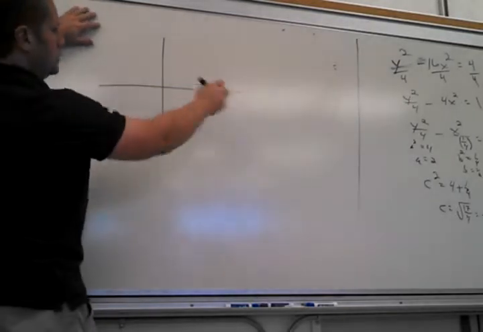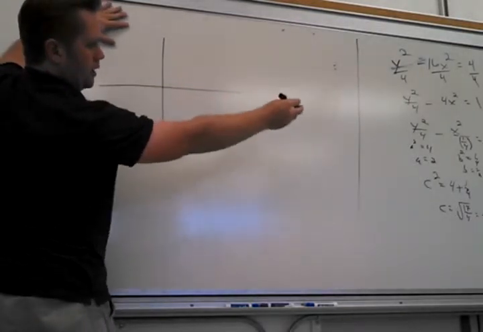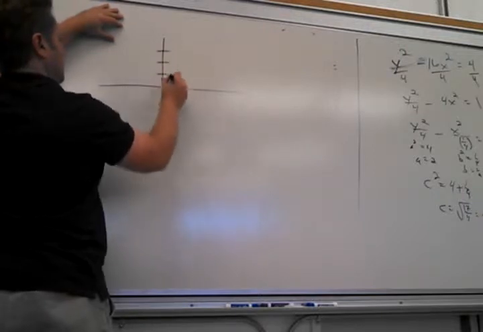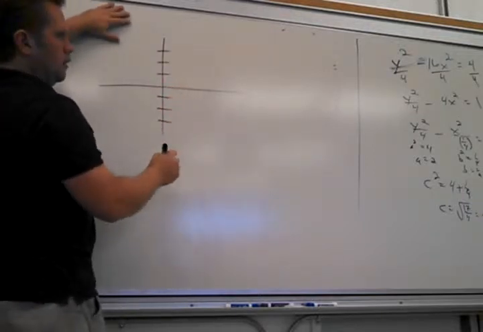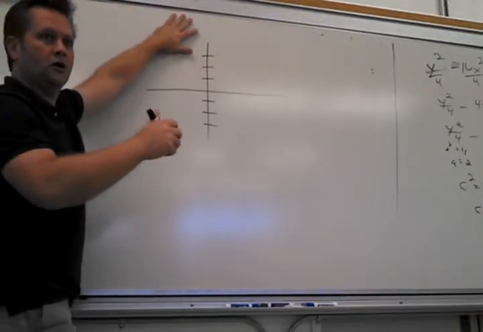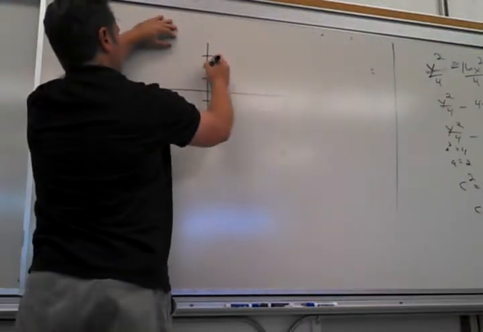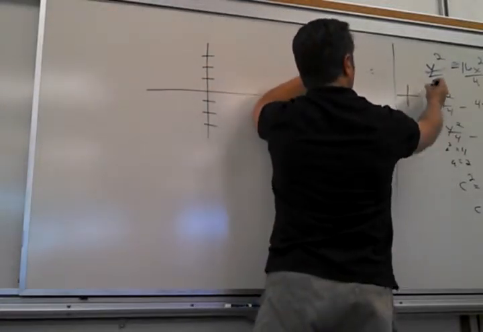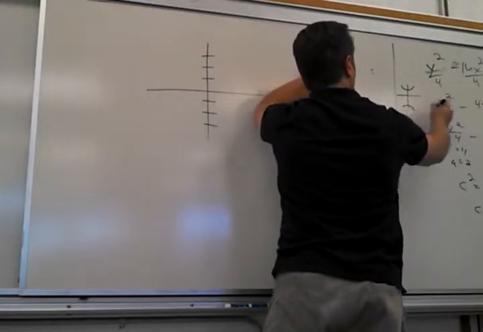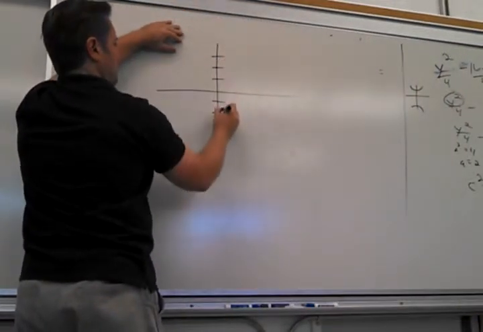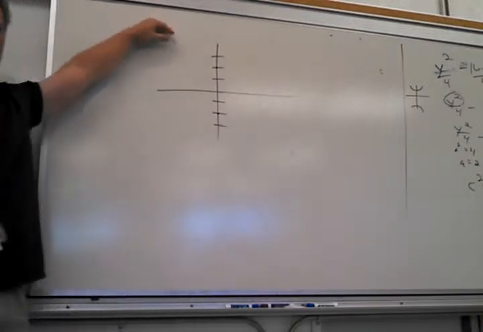So 0, 0 is my center. In the y direction, we're going to go 2. So 2 up. And which way am I opening, up and down or left and right? Up and down, because the y is positive. So this is going to be a real point there, and there.